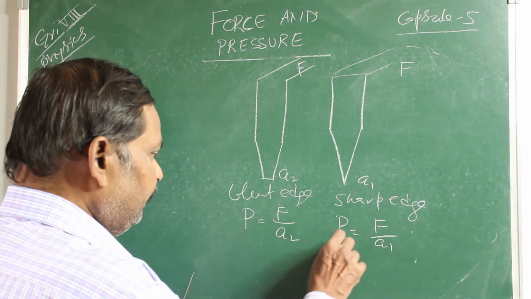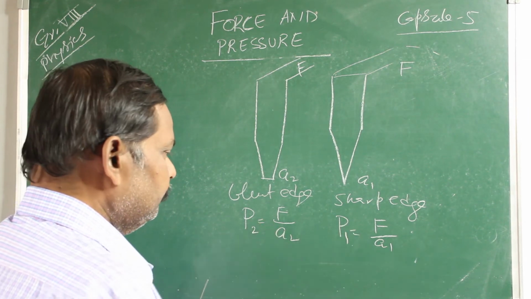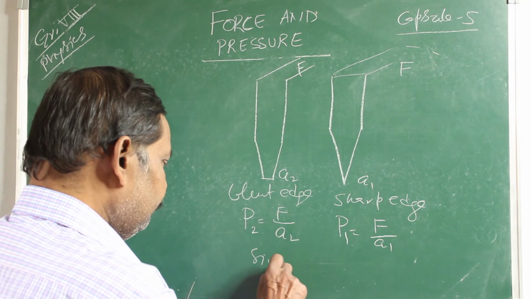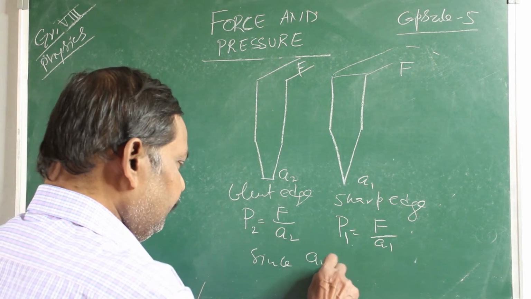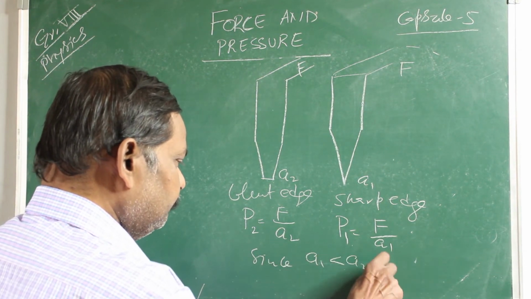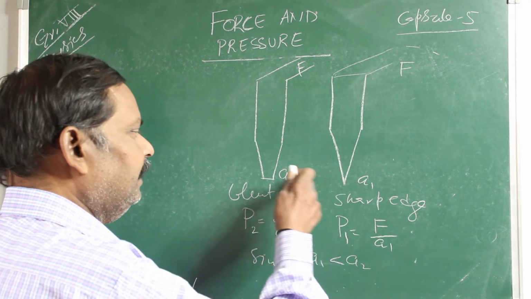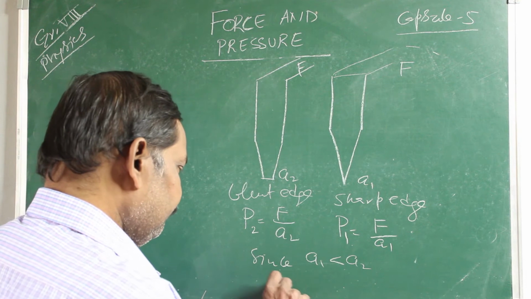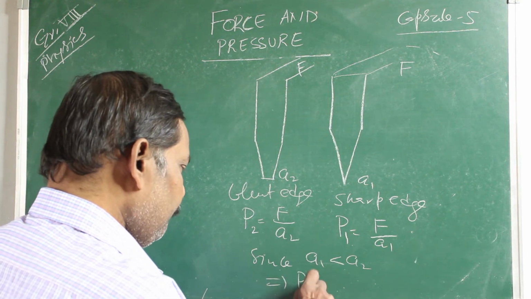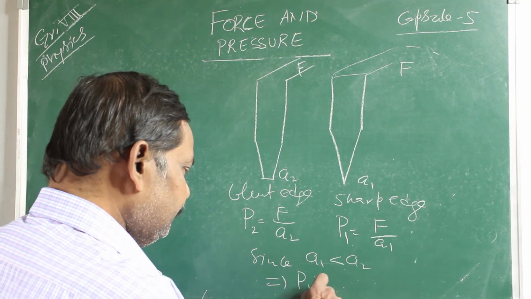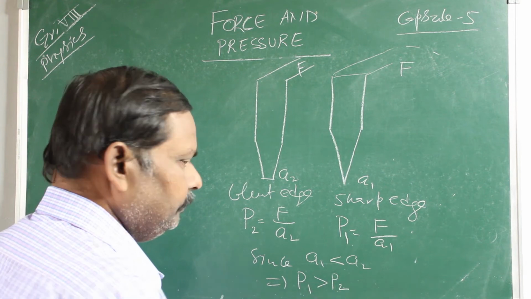And if you compare, this is P1 and this is P2. Since A1 is less than A2, the sharp edge area of cross section is very much less than the blunt edge, this implies P1 is very much greater than P2.